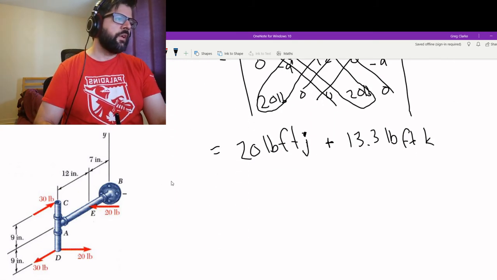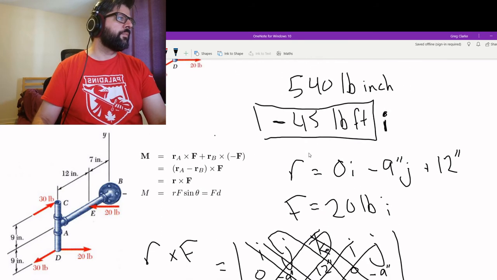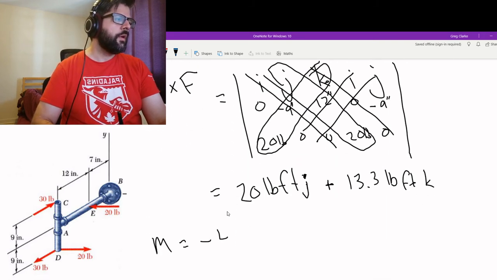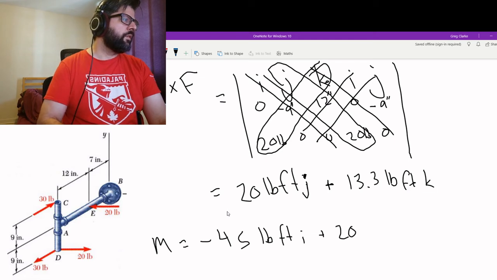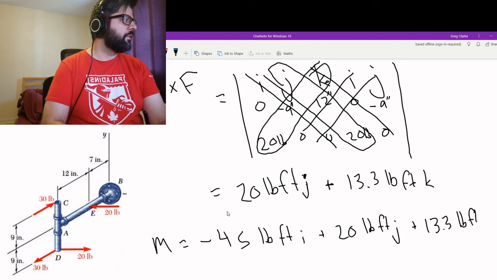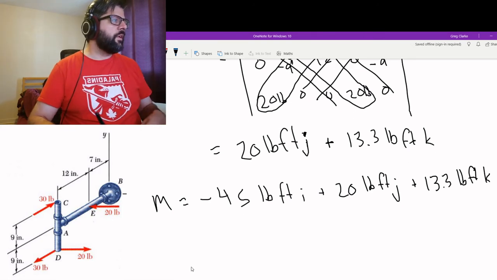So whatever couple it is would need to have a moment that is negative 45 pound feet in the I, plus 20 pound feet in the J, plus 13.3 pound feet in the K. And that's basically all we need.